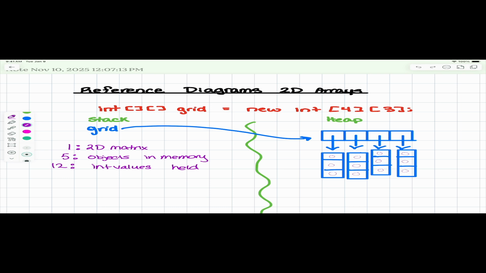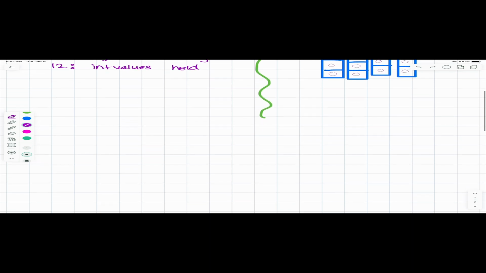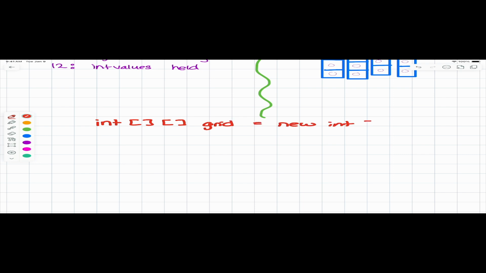If we extend on the example that we saw in the last video, I'll just switch back over here, where we had code such as this: int array grid, I'll just do it a little bit smaller, 3, and then that's empty.